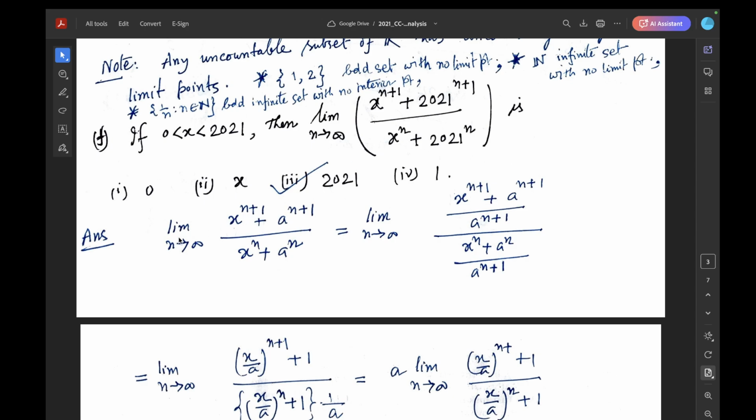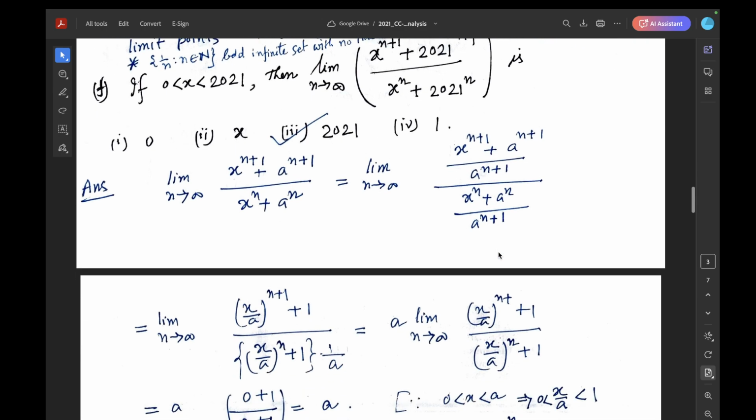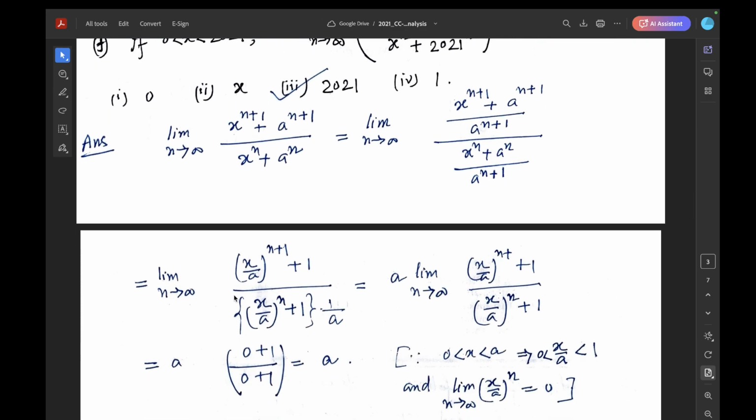Then the given limit is the limit as n tends to infinity of (x^(n+1) + a^(n+1)) divided by (x^n + a^n). Dividing numerator and denominator by a^(n+1), we get the limit of ((x/a)^(n+1) + 1) divided by ((x/a)^n + 1) into 1/a.